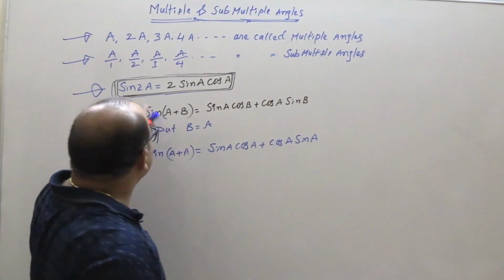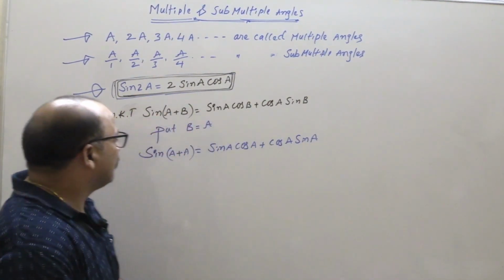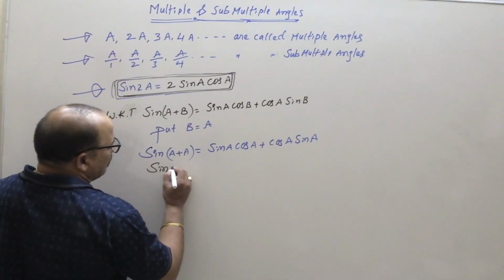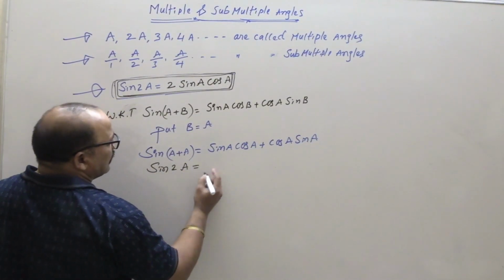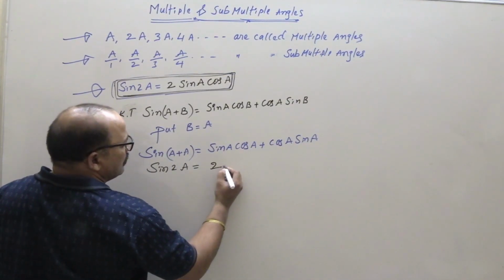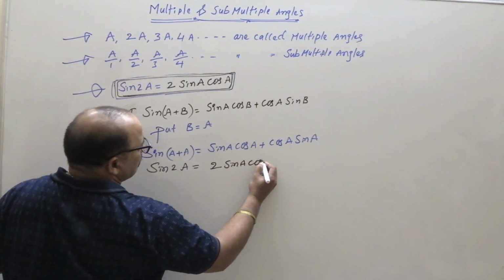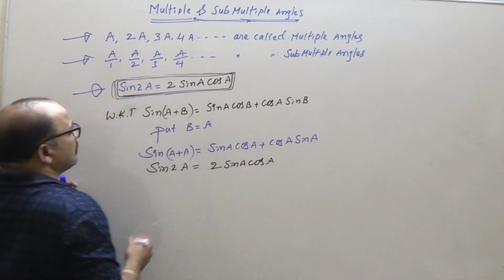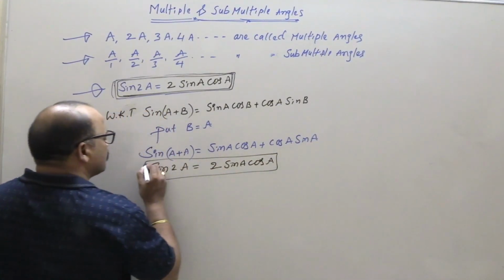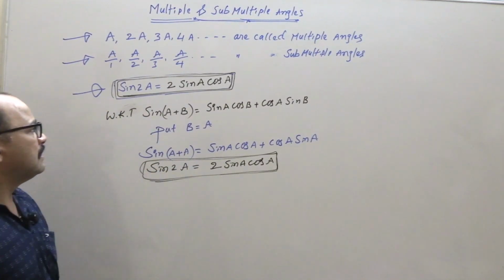A plus a gives sin 2a, and sin a cos a two times, that is 2 sin a cos a. This is the simple proof of the sin 2a formula: 2 sin a cos a.